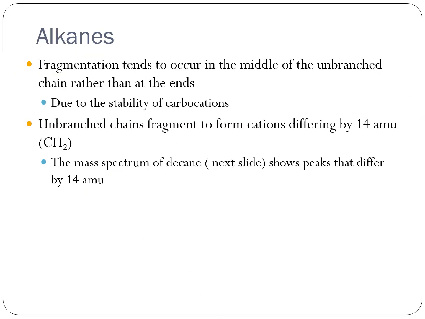So when we look at some general fragmentation patterns, we see that alkanes, like other types of functional groups or types of atoms, have very specific ways that they will fragment. Your alkanes will fragment in such a way that we see a pattern arising where the fragments differ from each other by 14 atomic mass units, which is the result of that CH2 group.